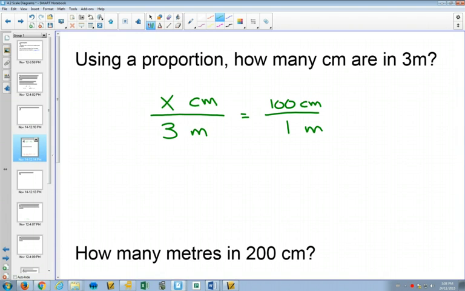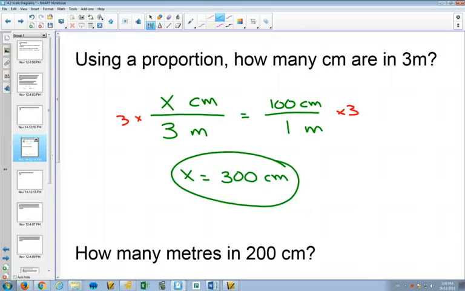Then if you want to find out what x is, right now we're dividing by 3, the opposite of dividing by 3. Multiply both sides by 3. And you'll get x equals 100 divided by 1 times 3. And we wanted to find out how many centimeters. So we get 300 centimeters.